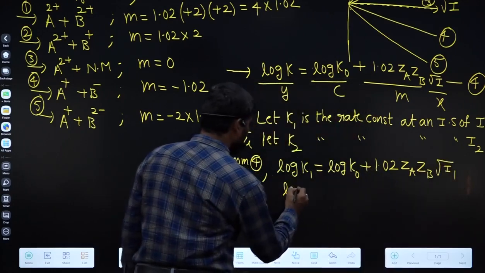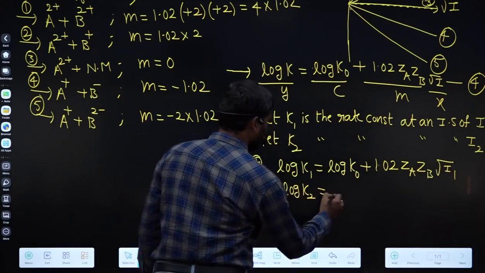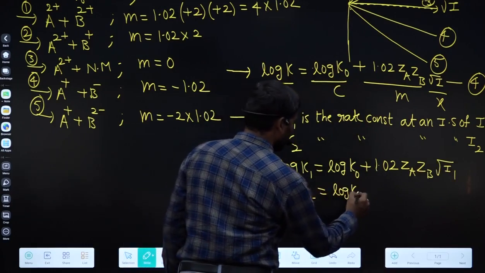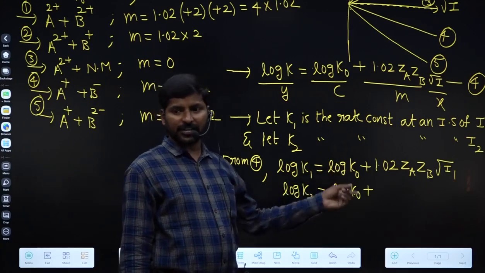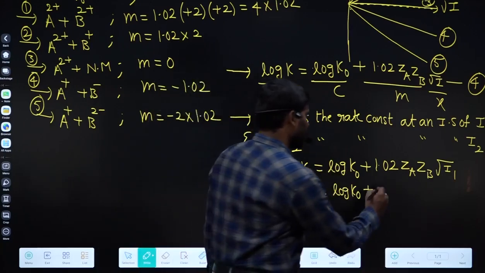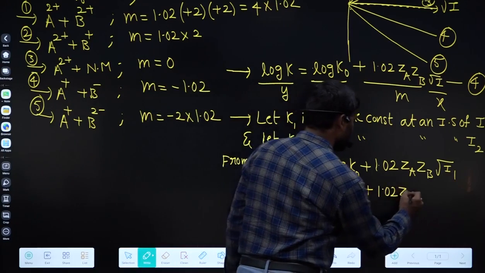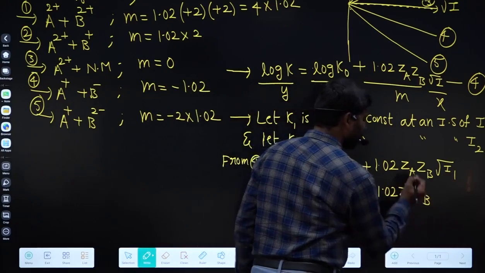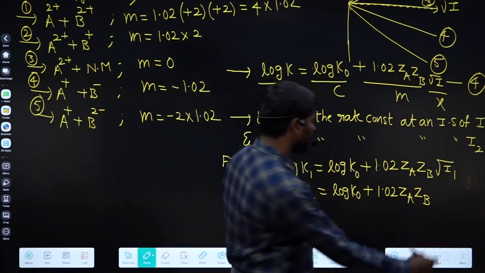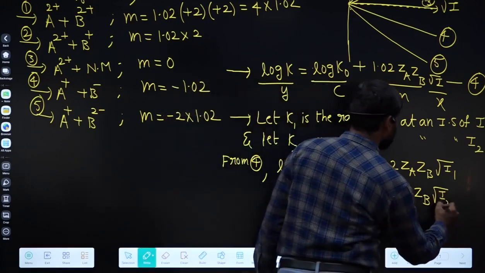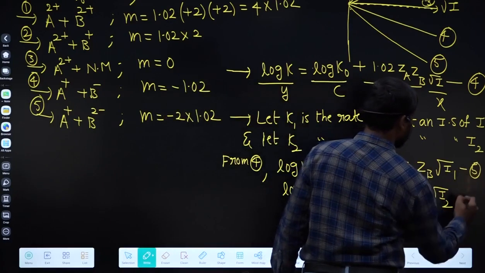At I2, log K2 is equal to log K0, the value in the absence of ionic strength, which is the same in both cases, plus 1.02 ZA ZB square root of I2, since the same reaction means the same charges on the ions. Equation 5, equation 6.